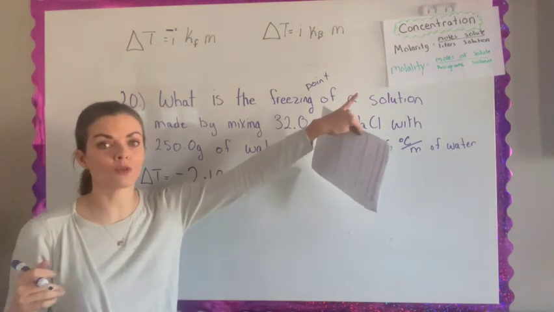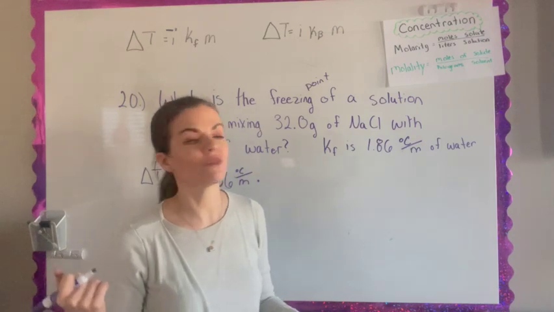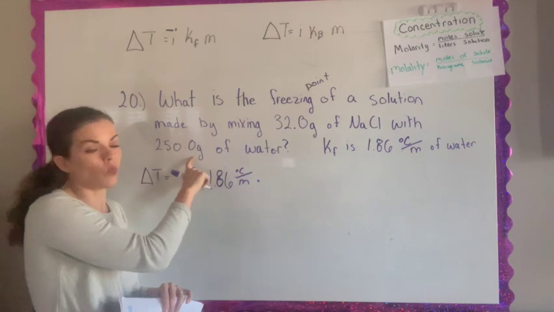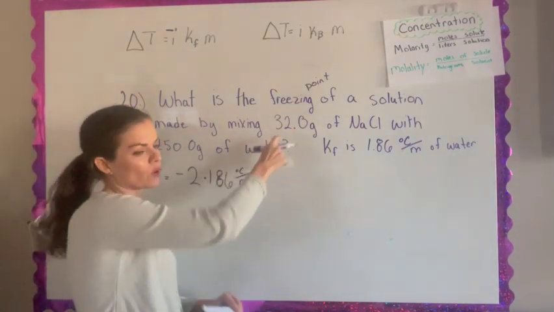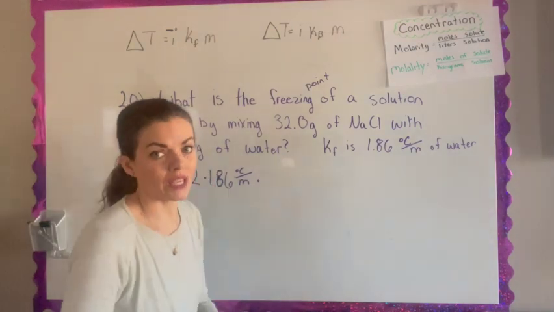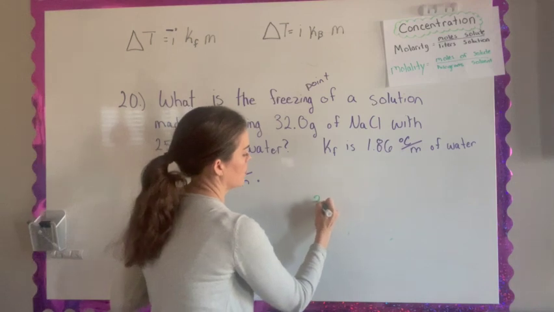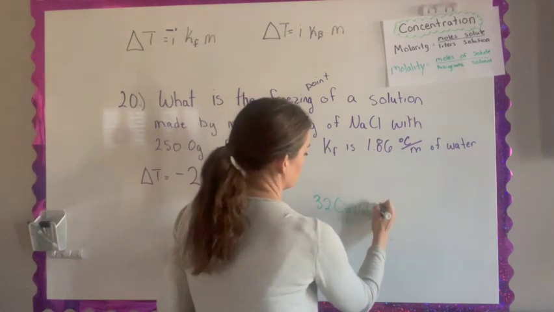So if you'll remember for molality, I need the moles of the solute over the kilograms of the solvent. And they actually give me the solvent, the water, but they do not give me the moles. They actually give you grams. So once again, we get to calculate. We're going to go from 32.0 grams of salt.